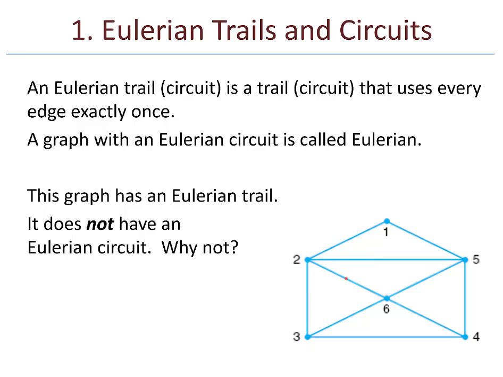The problem is that vertex 3 has odd degree. Because it has odd degree, I can't enter and leave, enter and leave, indefinitely. I can enter and leave the vertex a certain number of times, but eventually I'm going to enter the vertex and not be able to leave. So it's this vertex of odd degree that messes things up.